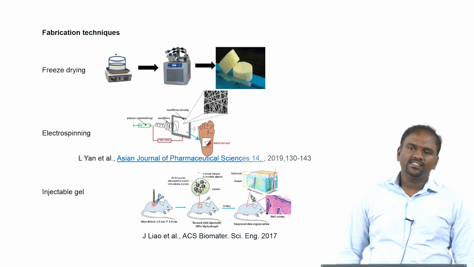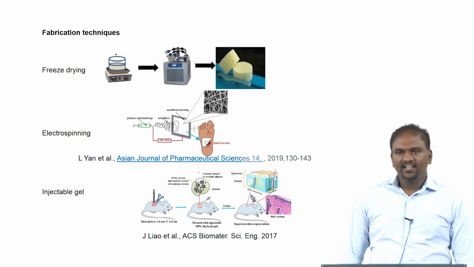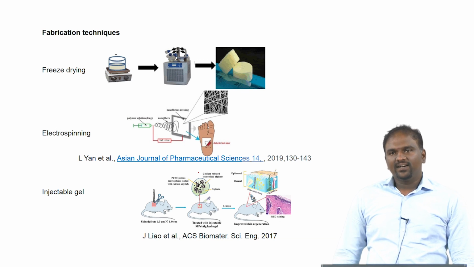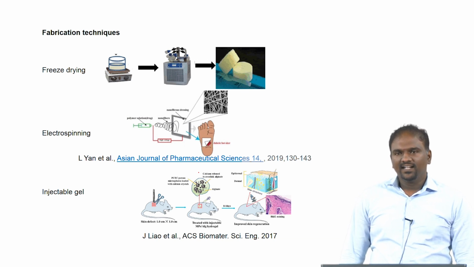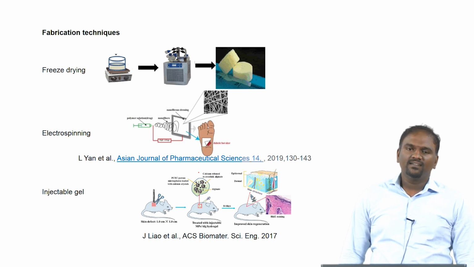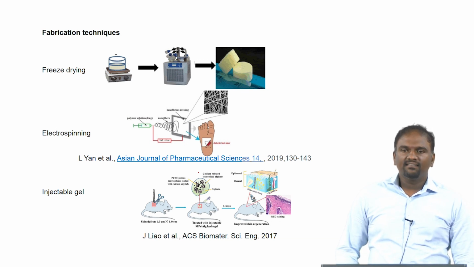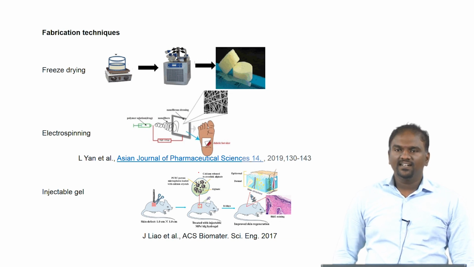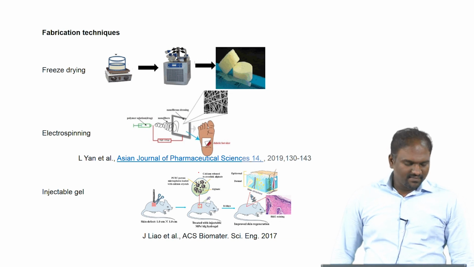We don't need any specific mold or any other pre-processing. We just need the polymer, with or without cells, and that can be directly injected wherever the wound is, and it will fill the wound and form the gel. So the wound bed will be completely covered.